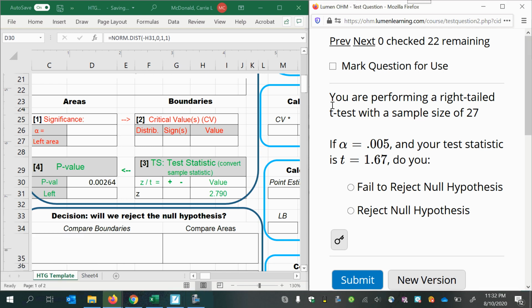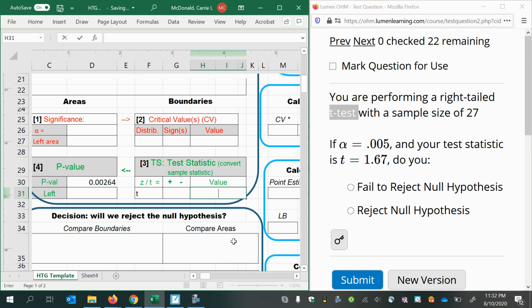Okay, so look here. We are now performing a right-tailed, still right-tailed, t-test. So this must have been a claim about a mean where sigma was unknown. So now instead of having a z-score, I'm going to have a t-score.